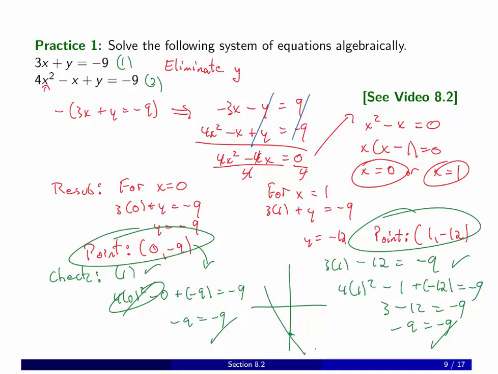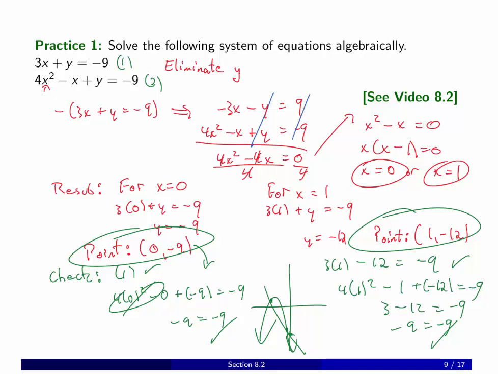And then you're going to have a quadratic that will open downward and will also pass through negative 9. So I don't know, something like this. That could be wrong, but you have two solutions, 2 points of intersection.